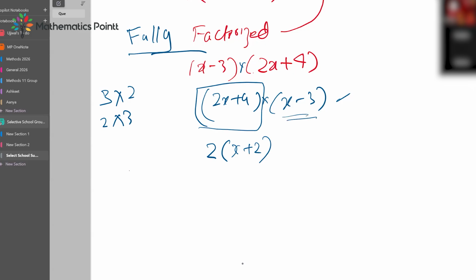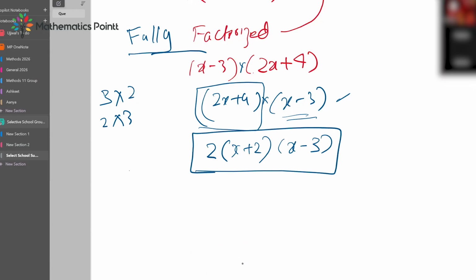Can I factorize any further for x minus 3? Can I pull out any other common factor than 1? 1 is the universal common factor. I can pull it off, but no, I don't need a 1 out. So the answer is no. And now, this is the fully factorized version.